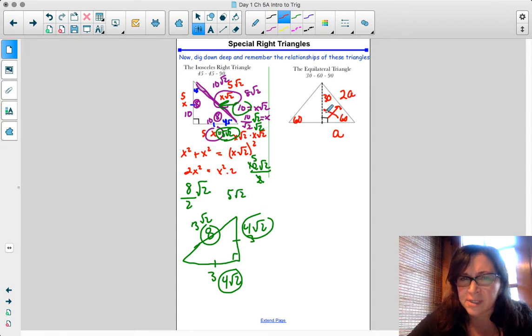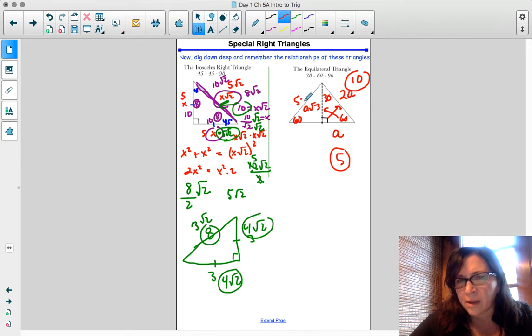And across from the 60 is A root 3. So if this was 5, this side here would be 2 times that, which would be 10, and my third side would be 5 root 3, and that would be this side right here in the middle.